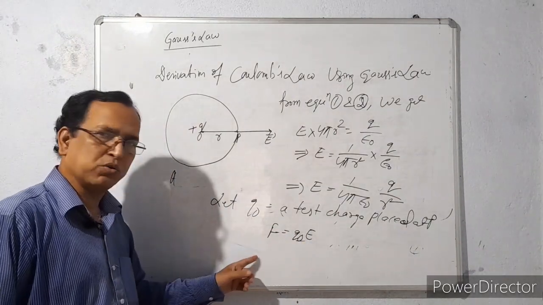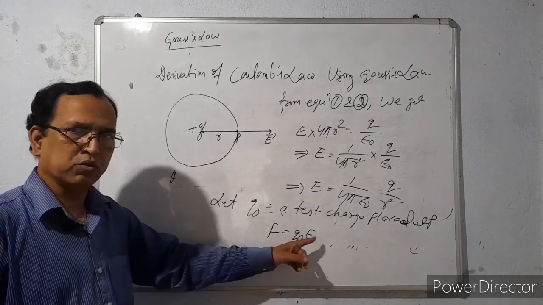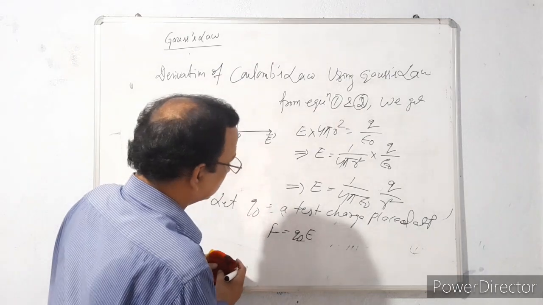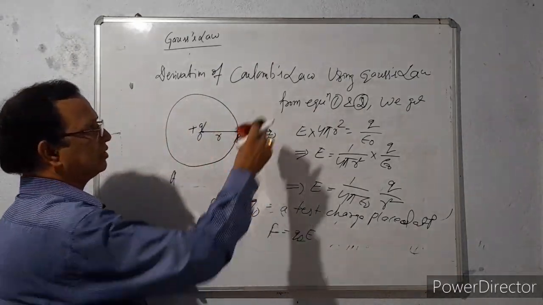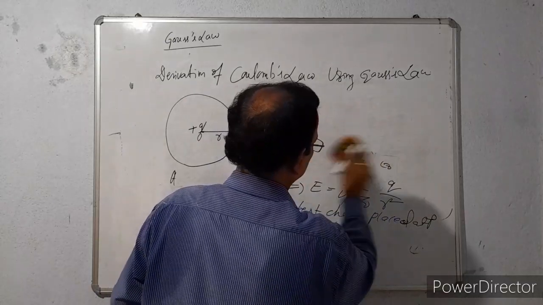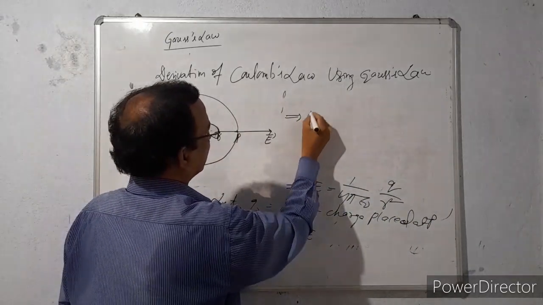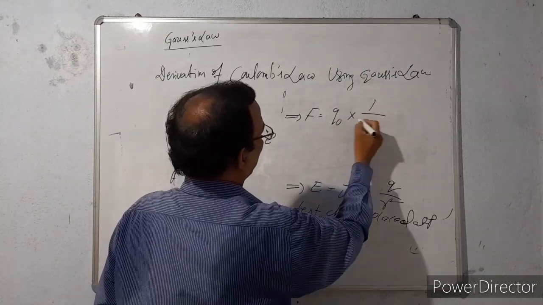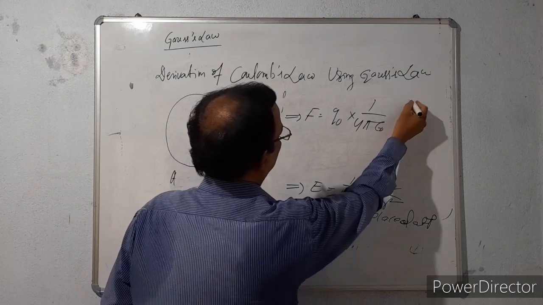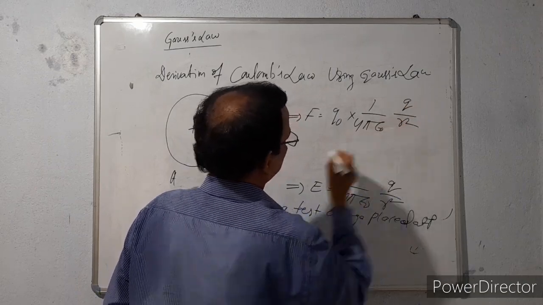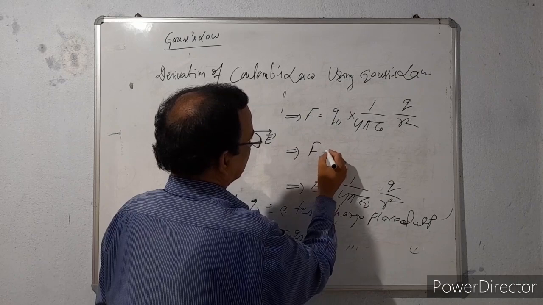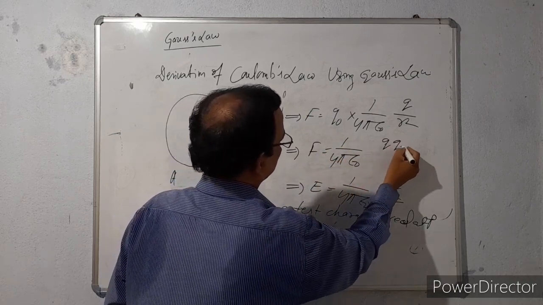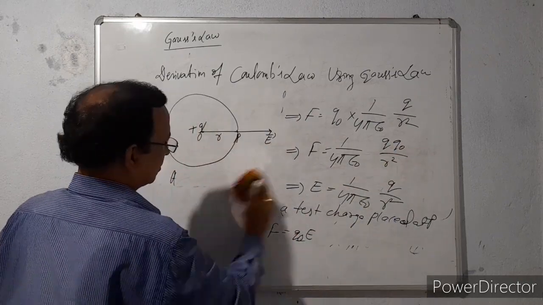Because E is equal to F by Q0, so F is equal to Q0 E. So now, what is your F? This implies F is equal to Q0 into E, which is equal to 1 by 4 pi epsilon naught Q by r square. So F is equal to 1 by 4 pi epsilon naught Q Q0 by r square.